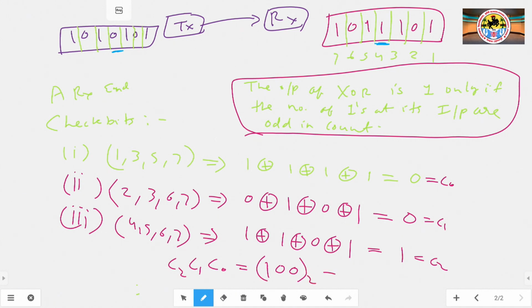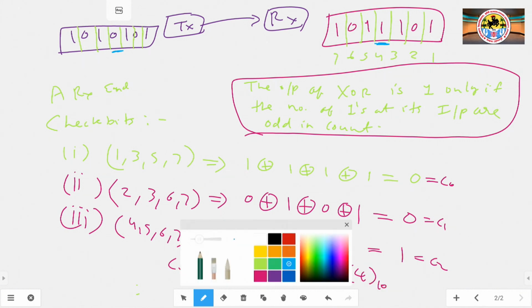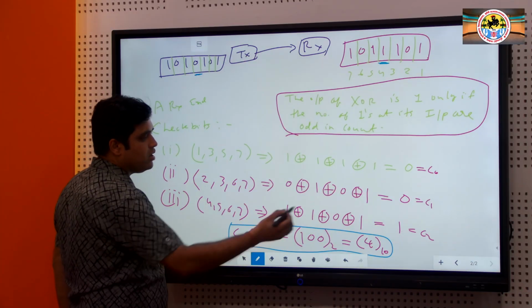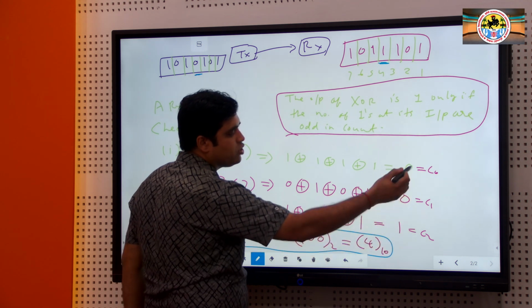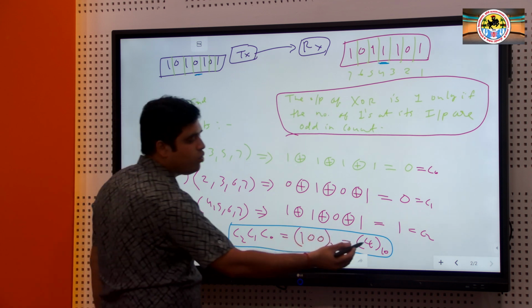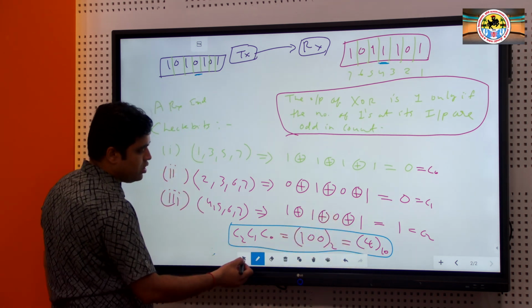This is binary. Here we can see that the system has found the location where the error has occurred. So, we calculated C2, C1, C0 as 100. 100 is a binary whose decimal is 4. So, bit 4 is in error.